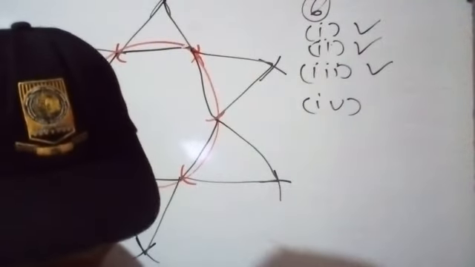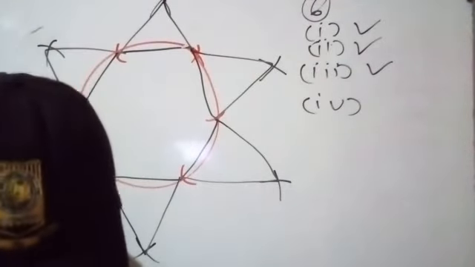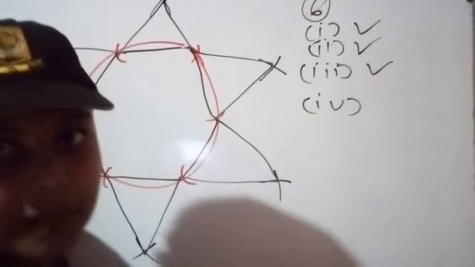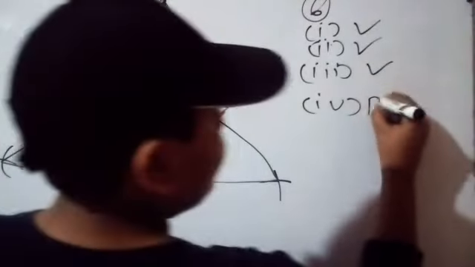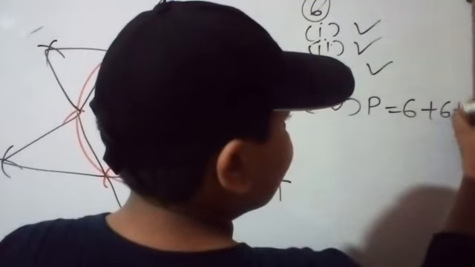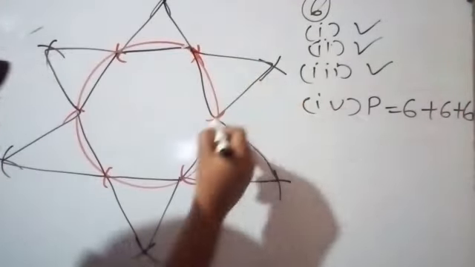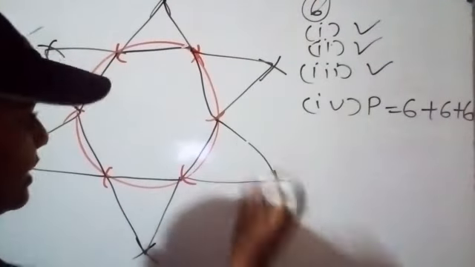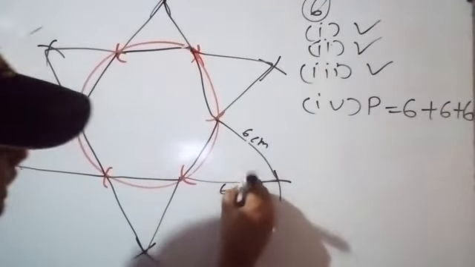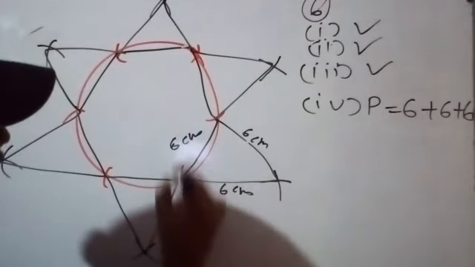Fourth one is find the perimeter of one of the two largest triangles that you can get when you complete the above step. So perimeter means 6 plus 6 plus 6, no? One side is 6 centimeter, this one also 6 centimeter.